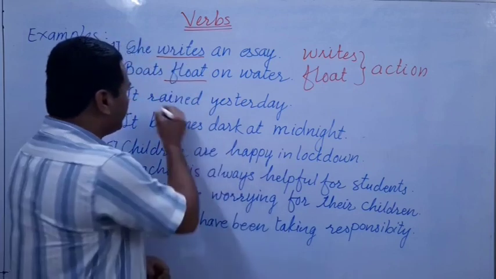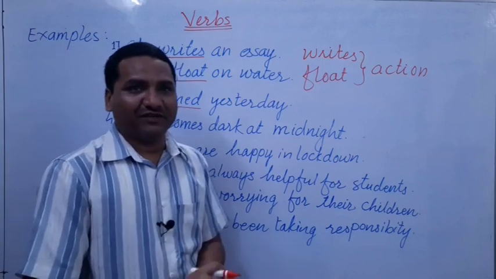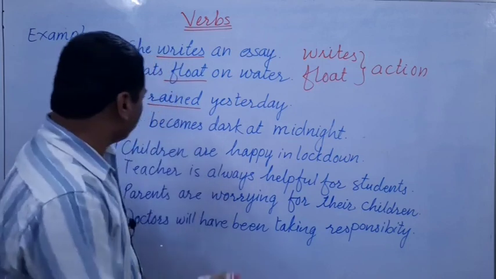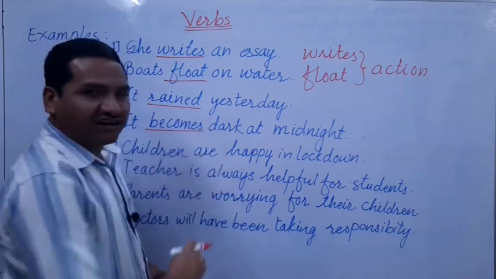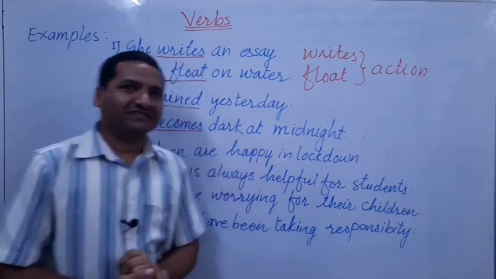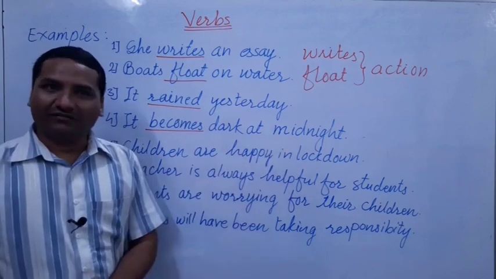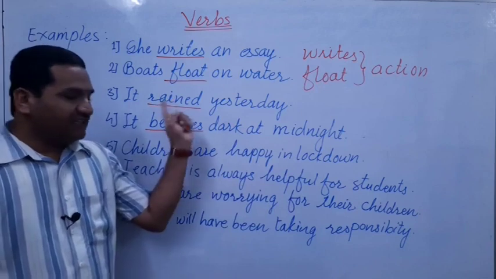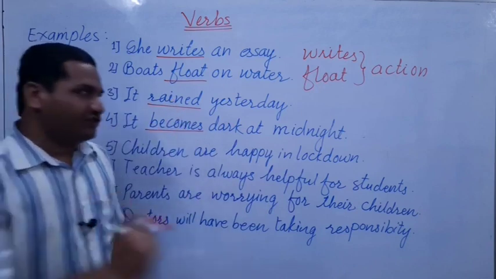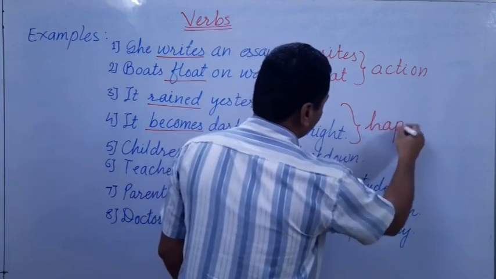In this sentence, rained shows happening. The fourth sentence, it becomes dark. It becomes dark at midnight. So becomes is a verb, and rained and becomes show us happening.